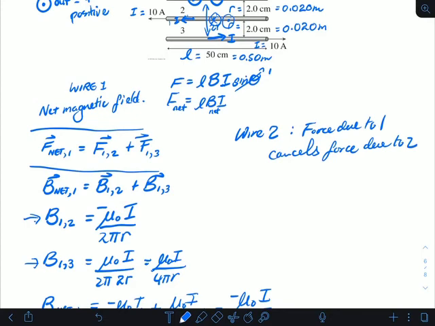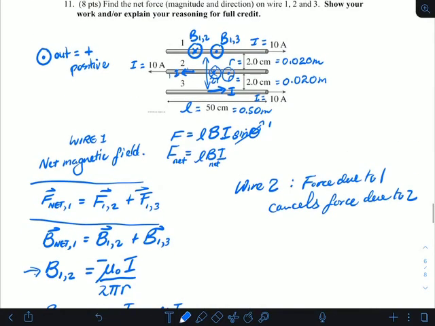And then another thing to notice is that on 3, the magnetic field due to 1 is into the page here, and also due to 2, it's out of the page here, and the distances are comparable. So the calculations are going to be the same as before.